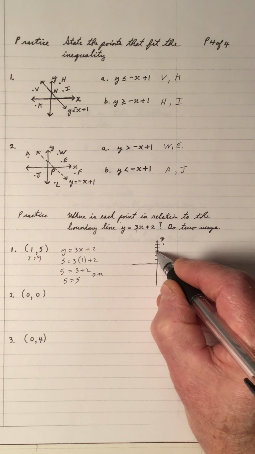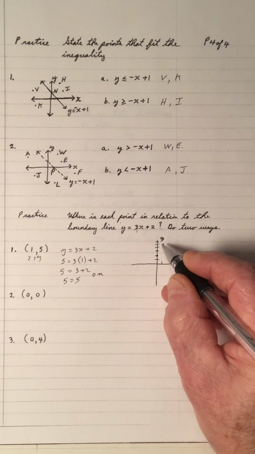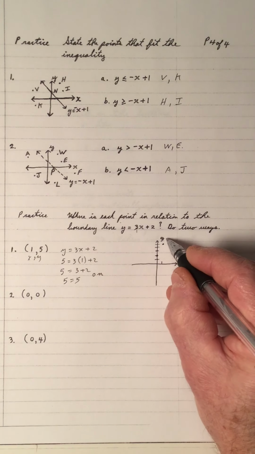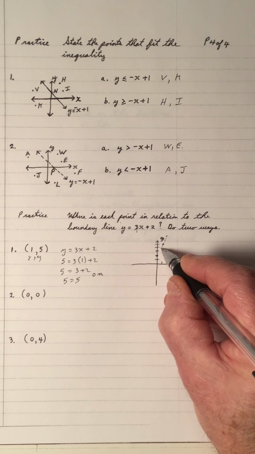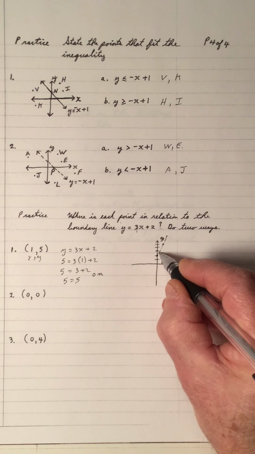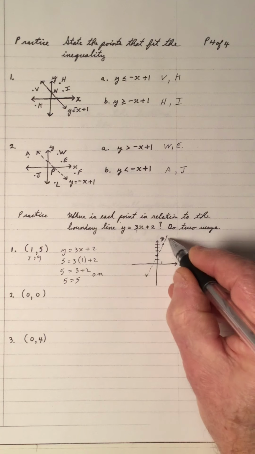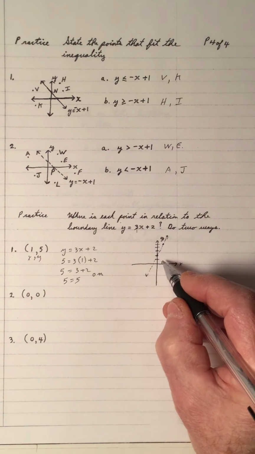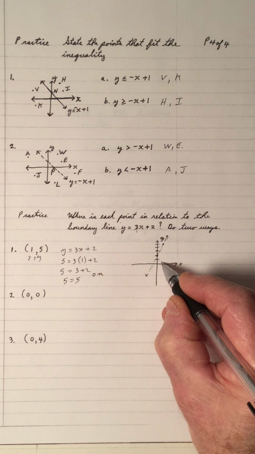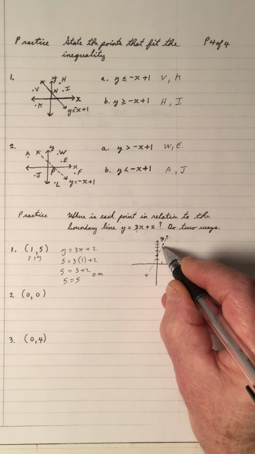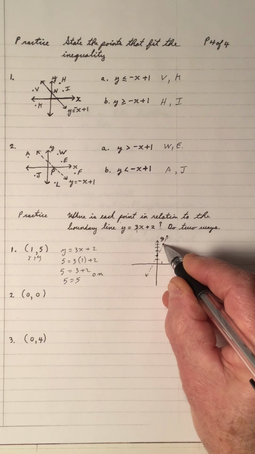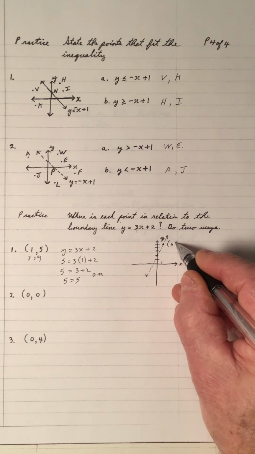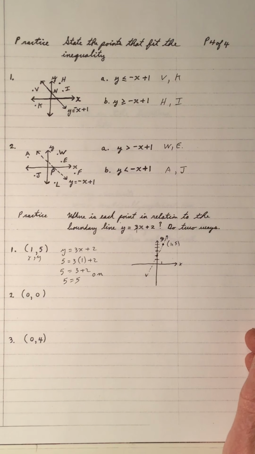So from this point, up 3, right 1. So this is the line that represents the boundary line. I just dotted it. And where is this point? The point x is 1, 1, 2, 3, 4, right there. So this point, if you graphed it, that point 1, 5, is on the line.